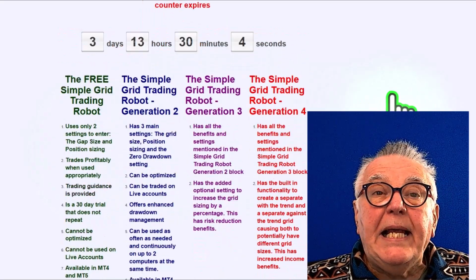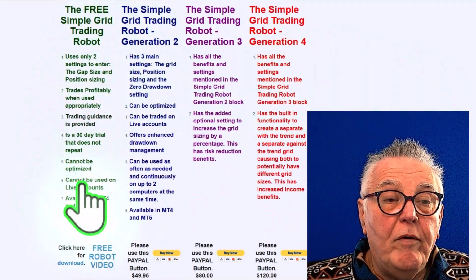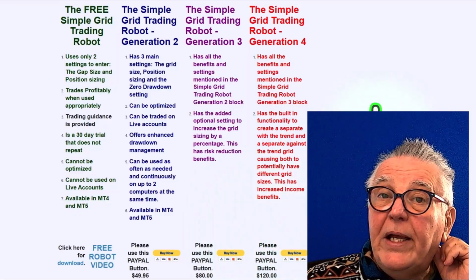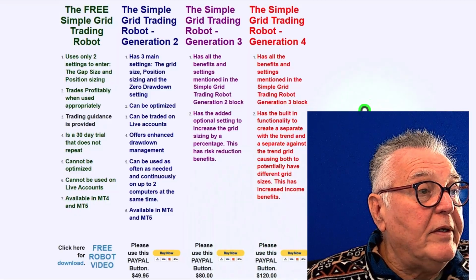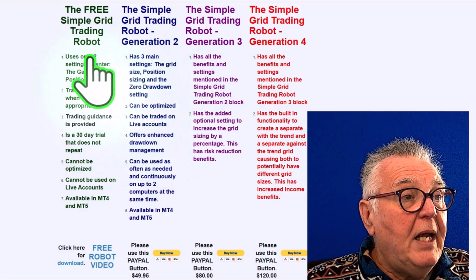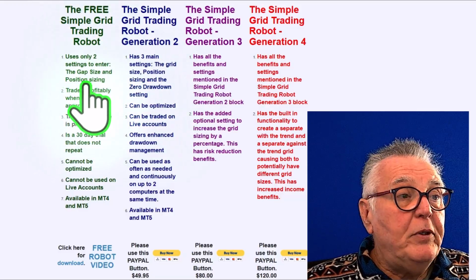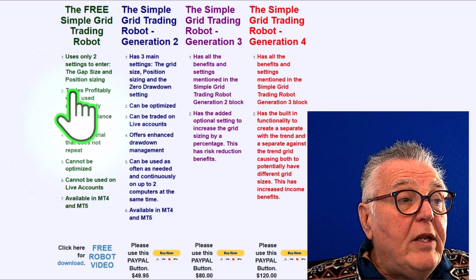And here's an analysis of the 4 versions of the grid. I'll go through them because there are points that might need some more explanation. The free one, as we've seen, is so simple. It only uses 2 inputs. Trades profitably when used appropriately.